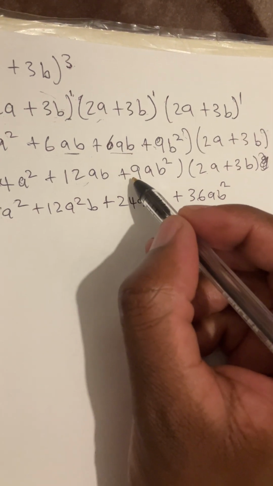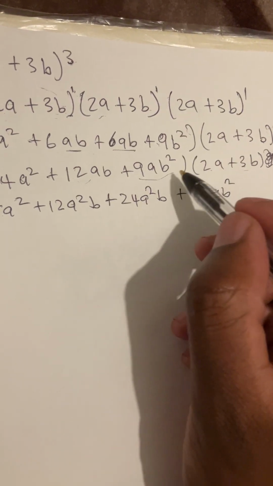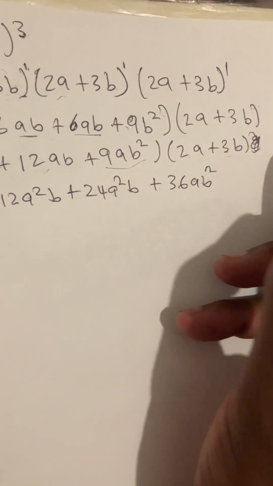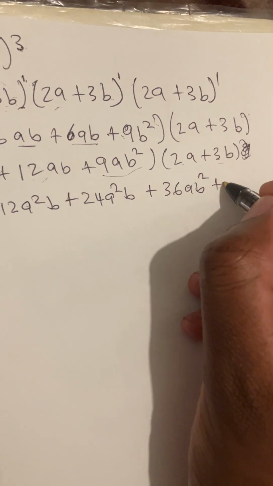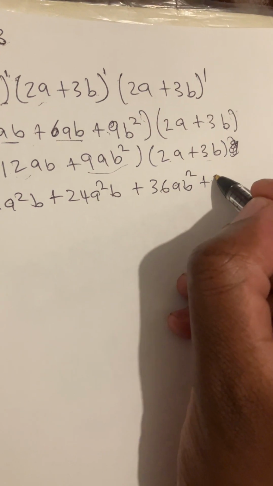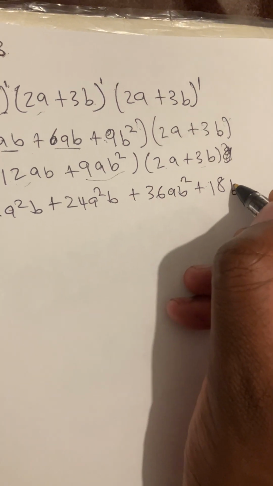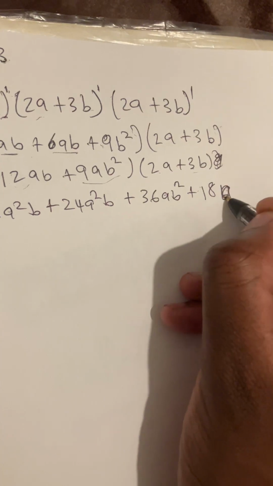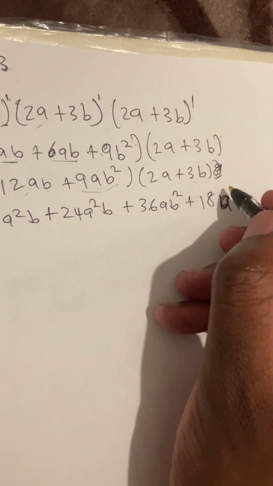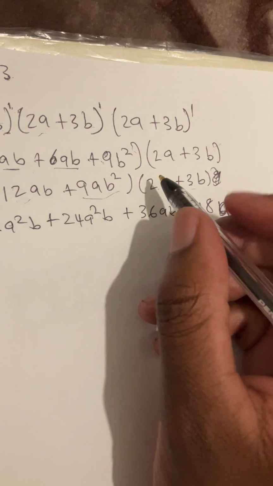From there, we come into this one now. This one is also going to multiply these two terms out. These two here. We're going to say plus 9 times 2 is 18, right?